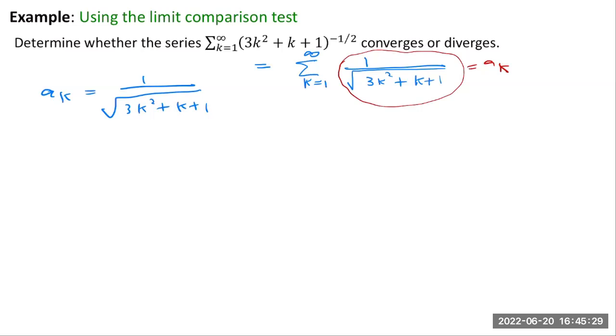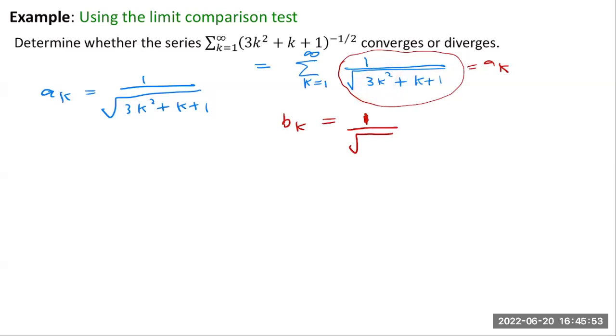Then the way we find BK is we take the highest degree, the dominating term in the top and the dominating term in the bottom. The dominating term in the top is clearly 1, divided by the dominating term in the bottom. You have a square root, of course. That's going to be square root of, this is the dominating term, right?